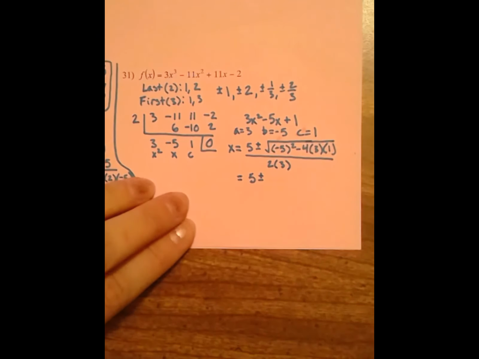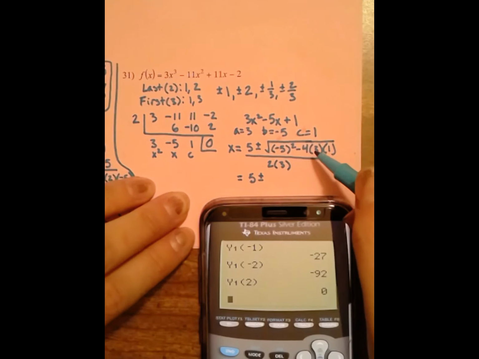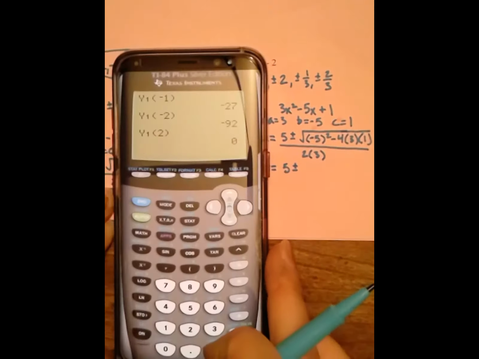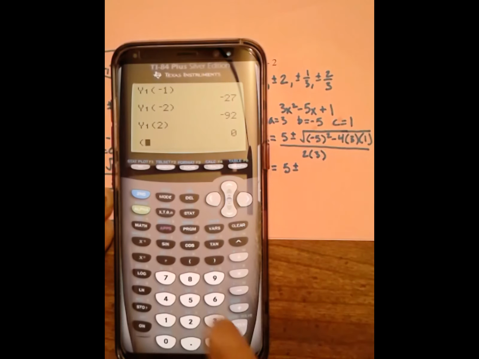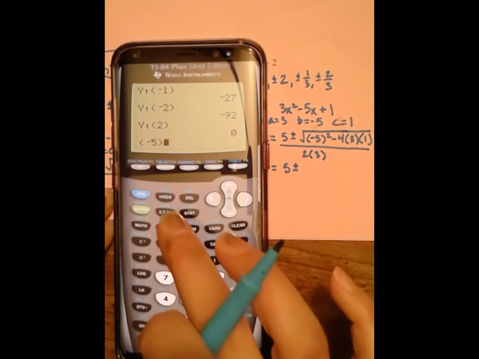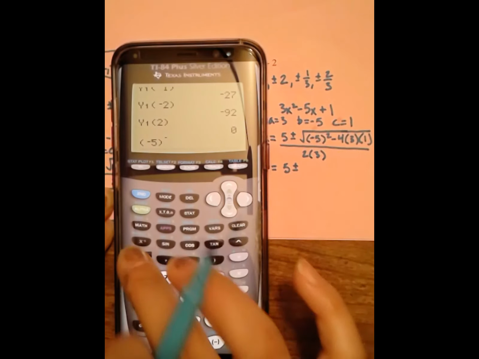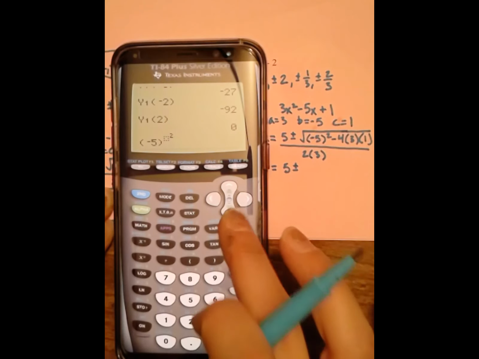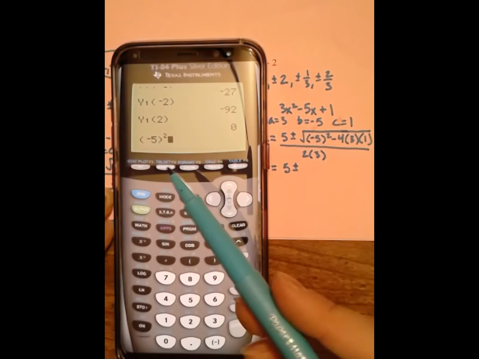Okay, I know I'm prone to make little algebra mistakes, so I'm going to type this into the calculator. So when you type this into your calculator, you need to put that -5 in parentheses. Parentheses, -5 squared. Let's try that again. Okay, there we go. -5 squared.